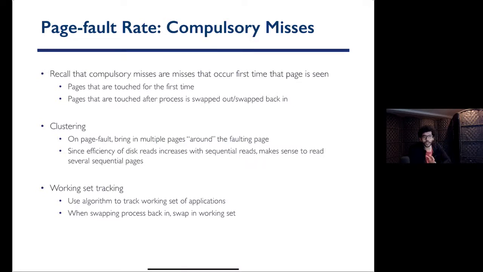Of course, this should be in virtual address space. So if you get a page fault for virtual page 10, you might want to assume that probably you're going to get a page fault for page 11 and page 12 maybe. So you could potentially prefetch those pages as well.